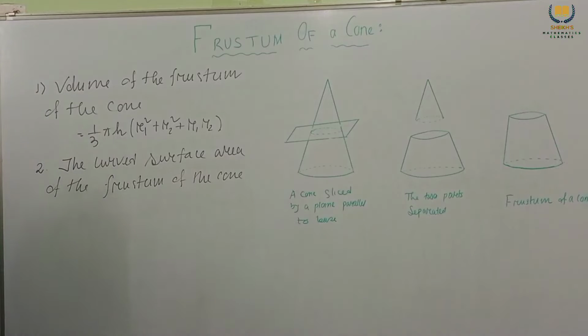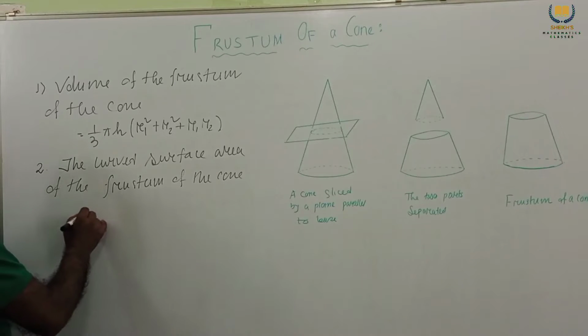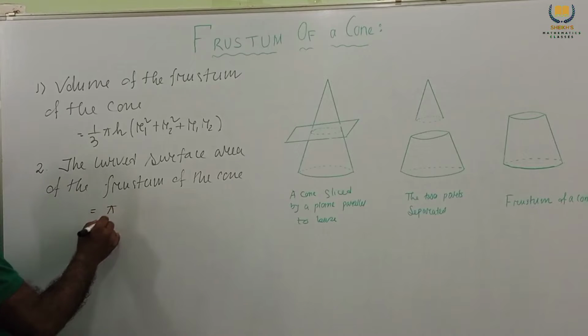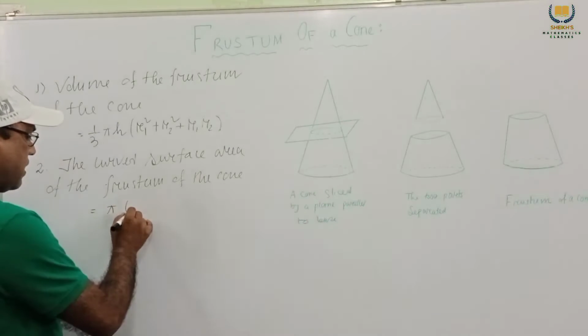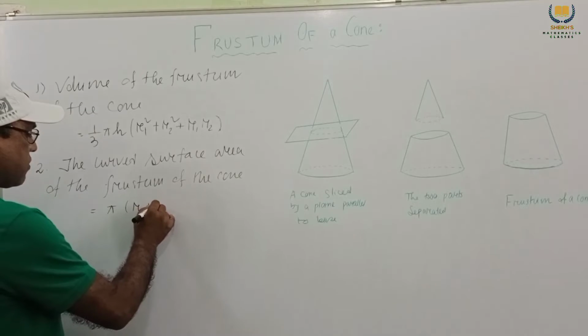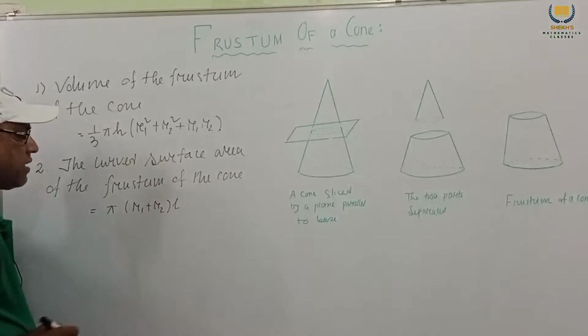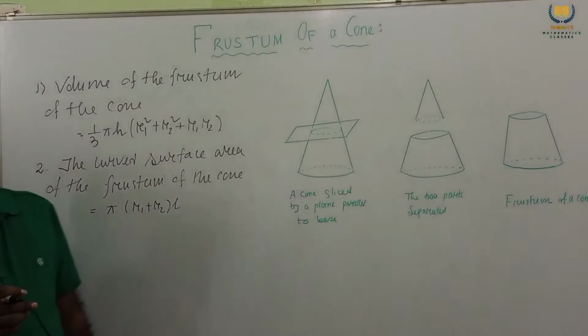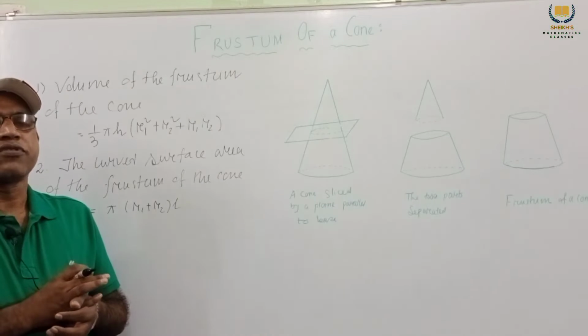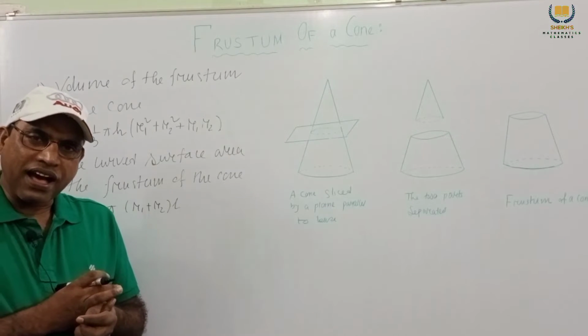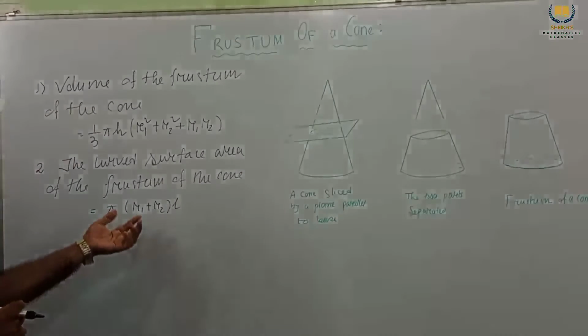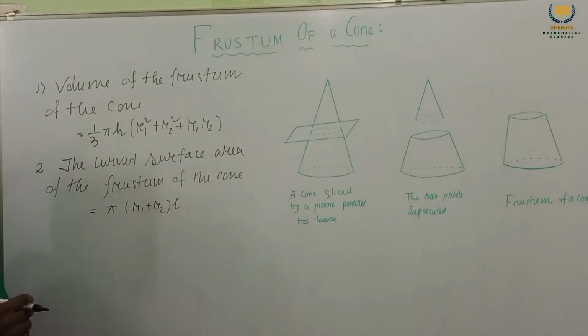The curved surface area of the frustum of the cone equals pi (R1 plus R2) into L. In general, we know the curved surface area of a cone is pi RL. And here you have to remember R is R1 plus R2, so pi (R1 plus R2) L.